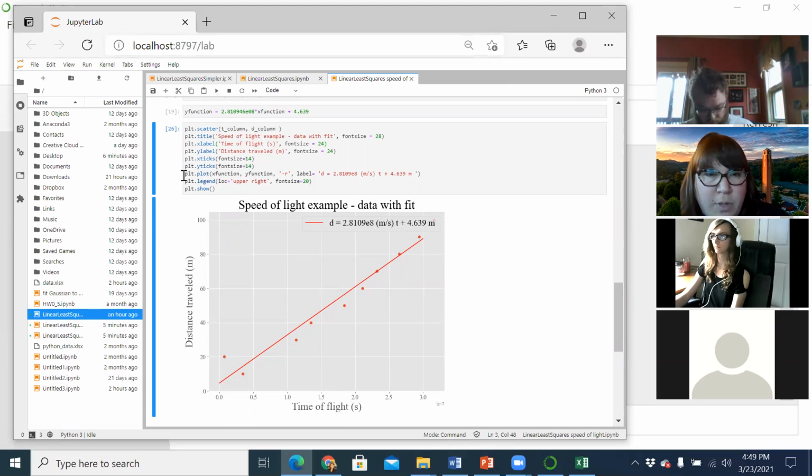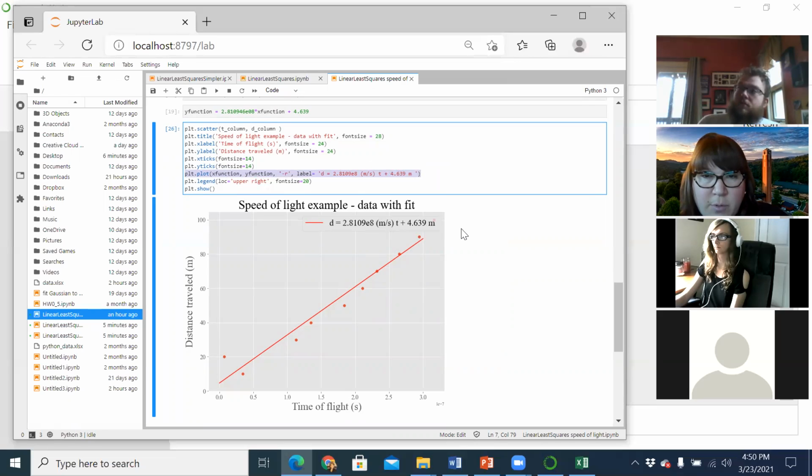And then I also plot the actual function, the fit, in red with this label, which I tell it to put in the upper right. So there's my fit equation in the upper right, showing my slope and my y-intercept. Python doesn't just do that for me, not like Origin. I have to build my own graph to show this in Python.